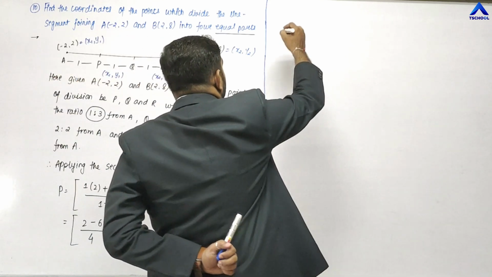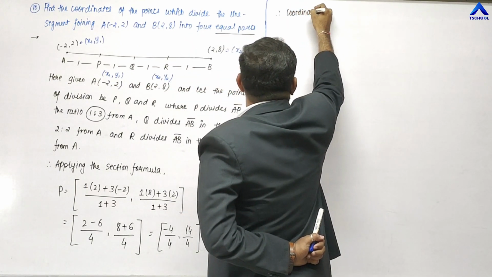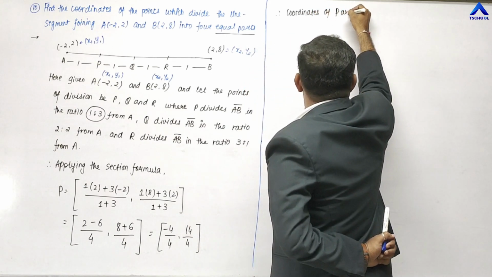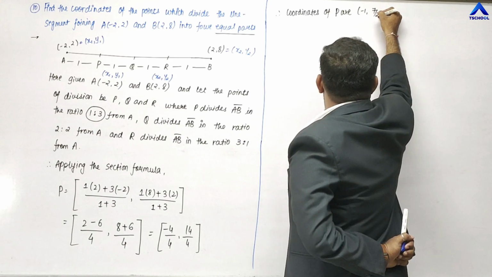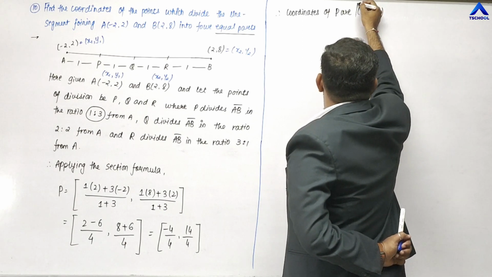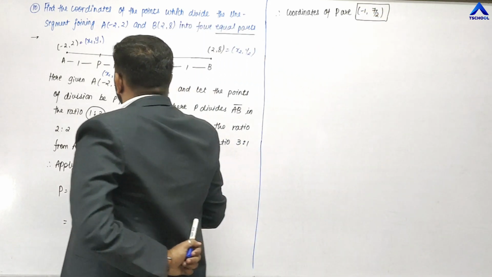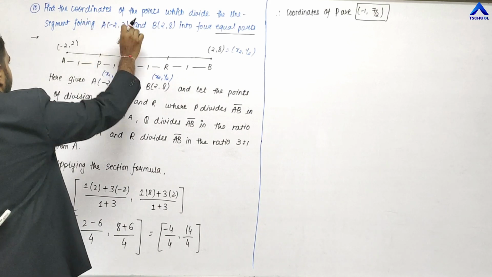Therefore, the coordinates of P are -1 comma 7 by 2. So this is the first coordinate that we got for the 4 parts that we require.